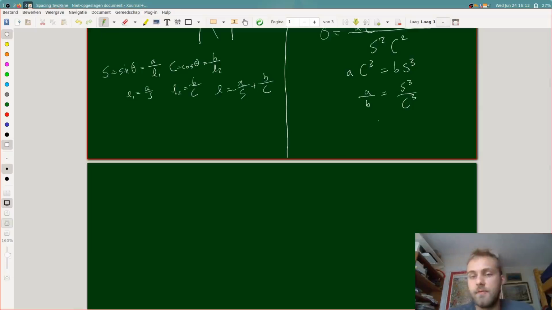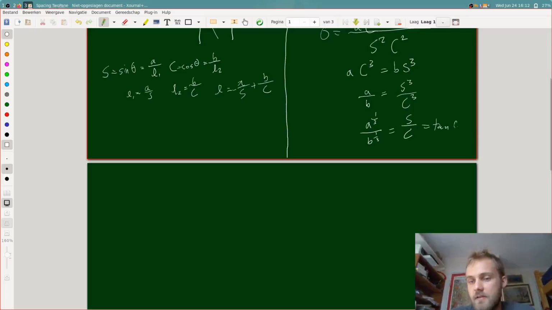Okay, and now going on from here, we can do A to the 1/3 over B to the 1/3 equals S over C. And this is sine theta over cosine theta, so this is tan theta.